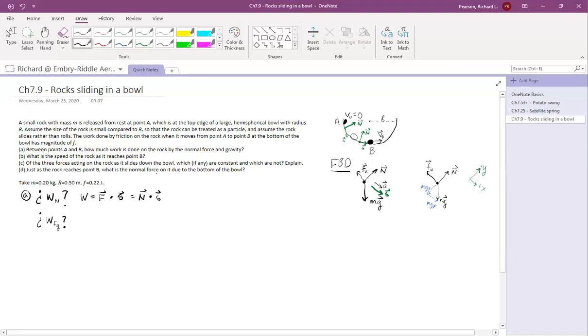And so if that is the case, then we can write the magnitude of n, whatever that may be, times the magnitude of s, whatever that may be, times the cosine of the angle between them. And that angle between them is 90 degrees, which means that the work done by the normal force is just 0. Now we want to look at the work done by gravity.